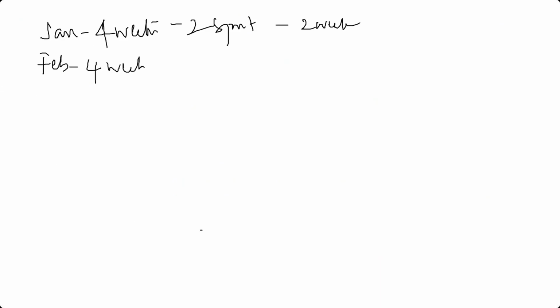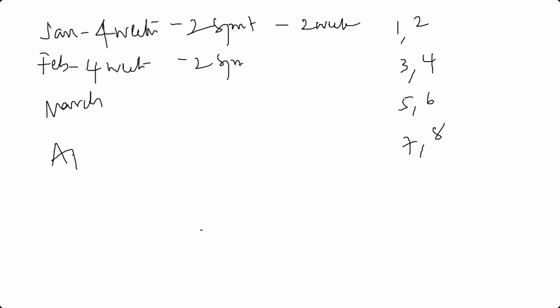Two weeks, which are 4 weeks. So Jan has 4 weeks, so it has two sprints because each sprint is 2 weeks. Then you have Feb, which has 4 weeks, which is nothing but two sprints. So sprint 1 and 2, sprint 3 and 4, 5 and 6, 7 and 8, which typically pan out in March and April, and so on and so forth.